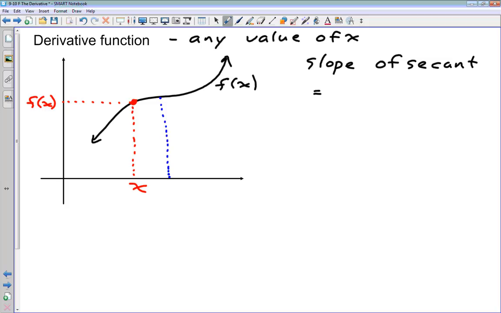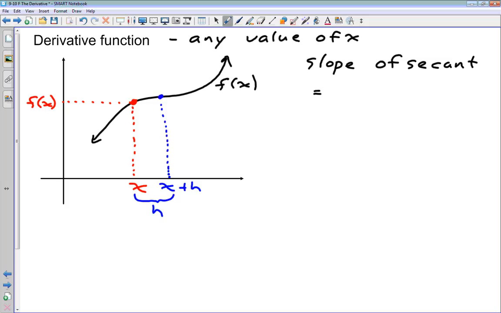I'm going to call this distance h, because I got to call it something, right? So if we start at x and we go over a distance h, we've got this new point x plus h that we're interested in.